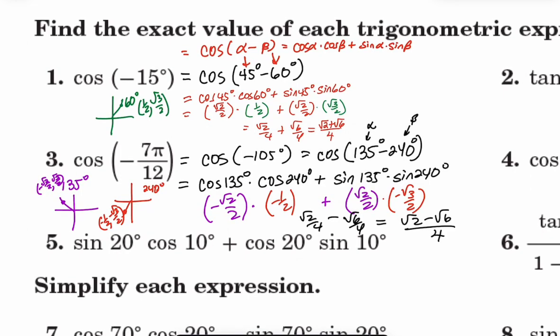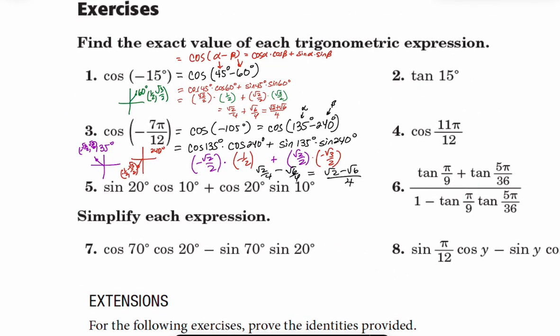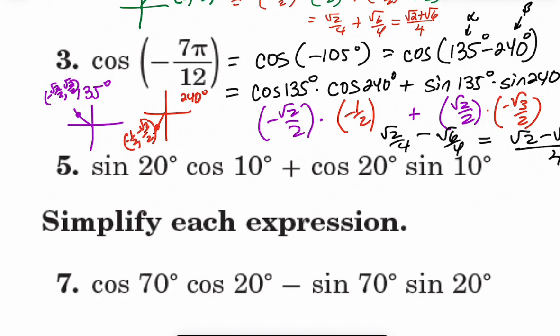Now I would like to jump to 5. Let's do 5 together. 5, 6, 7, and 8. We are actually undoing the formula. We're going backwards, okay? So we got to find the formula that goes sine, cosine, plus cosine, sine. So if you look up on the board, which one goes sine, cosine, plus cosine, sine?